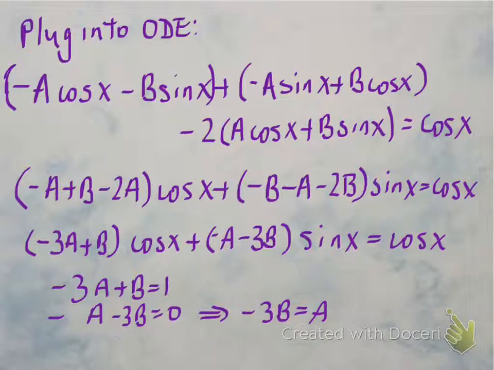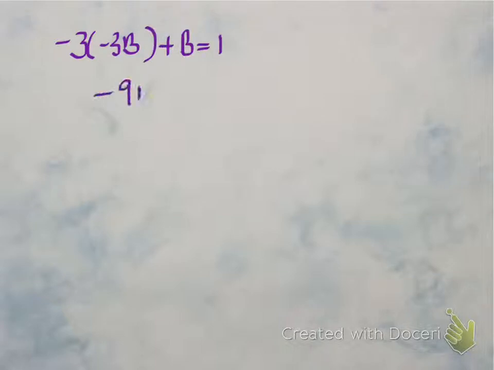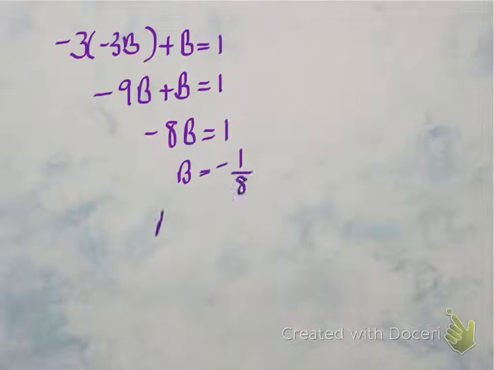And the second one of those equations tells me that negative 3b equals a. So then I do substitution to solve for b, and I see that in fact b equals negative 1/8, which means a equals negative 3 times negative 1/8, or 3/8.